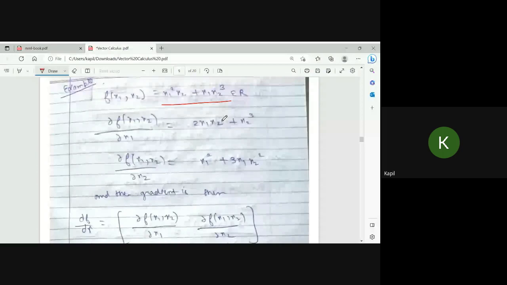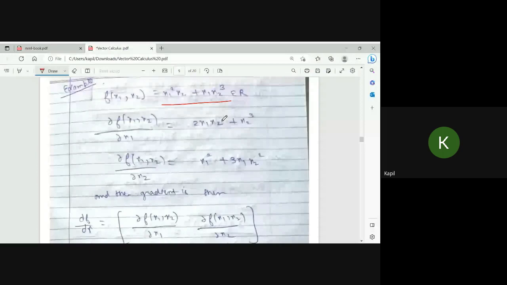Another concept in the partial derivatives of multivariable functions is the chain rule. When do we apply the chain rule? Let us assume a two variable function from R2 to R of two variables x1 and x2, where both variables are themselves functions of t: x1 is a function of t and x2 is a function of t.